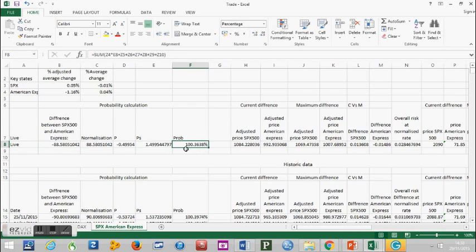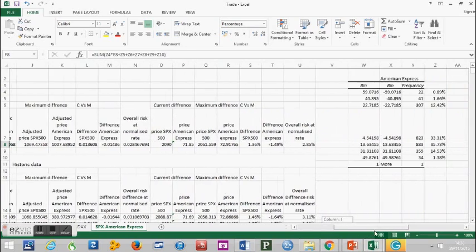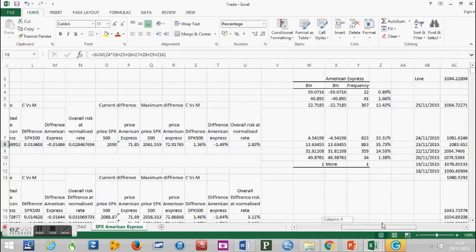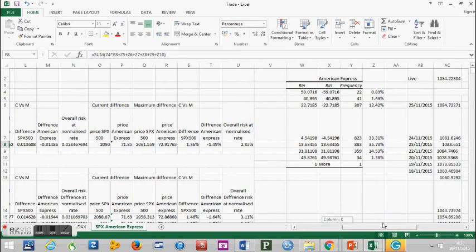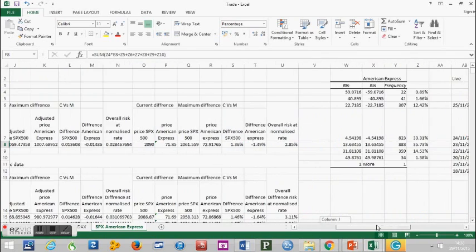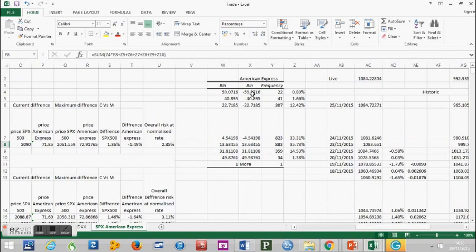The probability is above. It's 100% probability. Now the thing with this is it's because the AXP American Express is very far away from the S&P 500, so this minus 88, as you can see, it doesn't really go much further than minus 59. This is because we're dealing with big extremes.